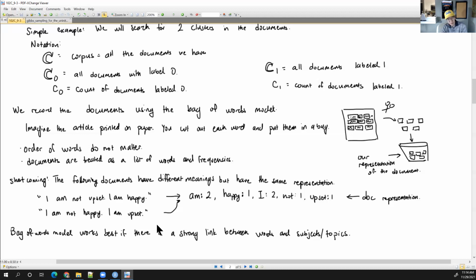And so a word like run is not going to have a very strong link between the word and the subject topic. Okay. So anyway, we're going to treat all of our documents basically as using the bag of words model. And with this, we're going to see if we can start putting these documents into different clusters.